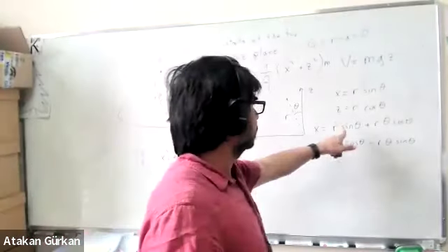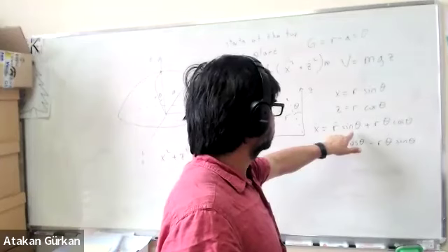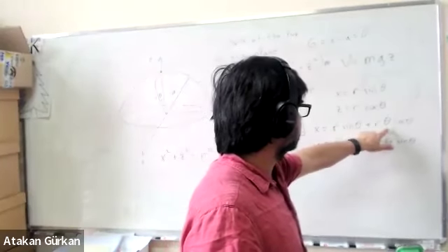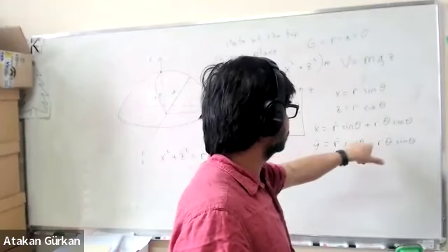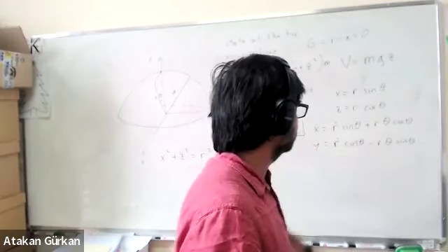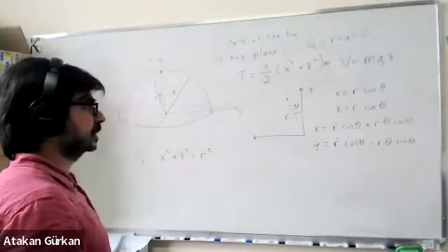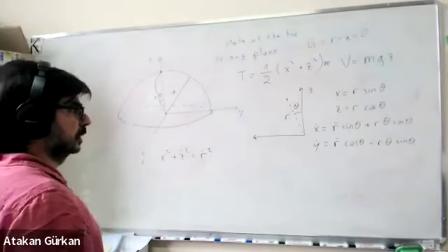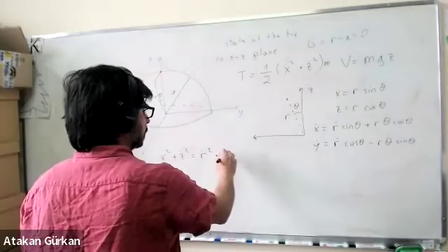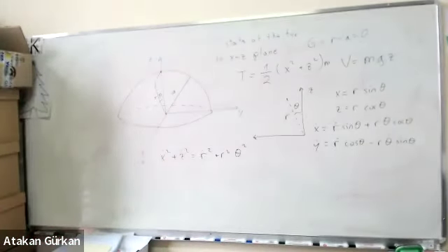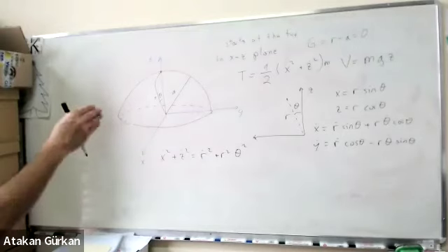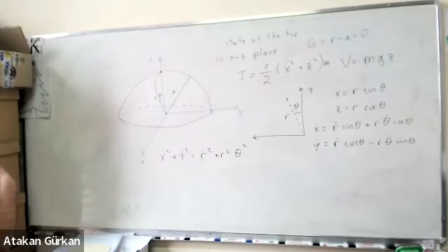I'm going to have r dot sine theta, r theta dot cosine theta, and then r dot cosine theta with a minus sign. So the cross terms are going to cancel. I'm also going to have the same term over here with the sine square plus cosine square theta adding up. So this is going to be r square theta dot square. Okay. So the cross terms disappear, and the other terms just add up because sine square plus cosine square is 1.